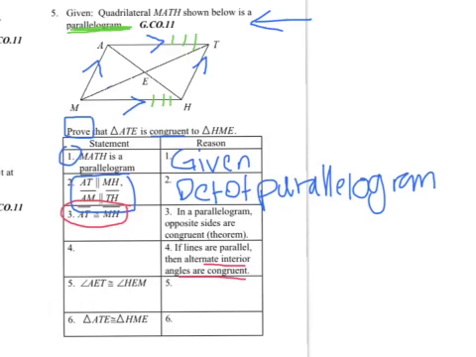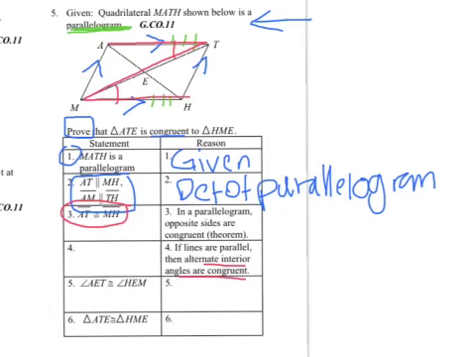So now I have the angles, and I'm looking for alternate interior. Well, if I follow this Z right here, then hopefully you can see that that angle and that angle would be equal because they're parallel.